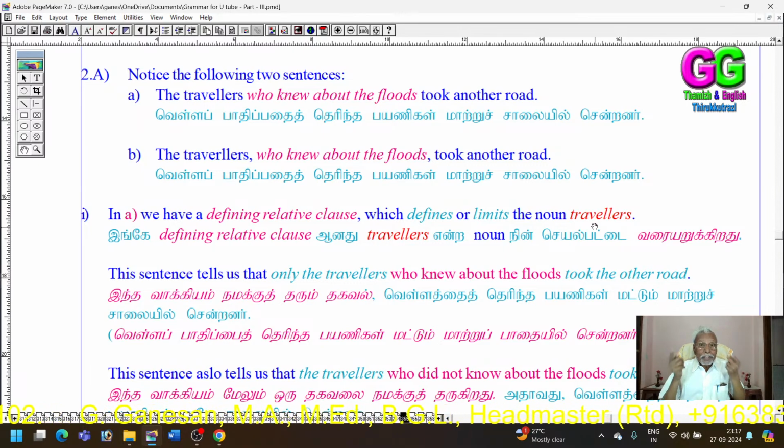My dear children, again I stress it: the defining relative clause defines or limits the function of the noun standing before it.